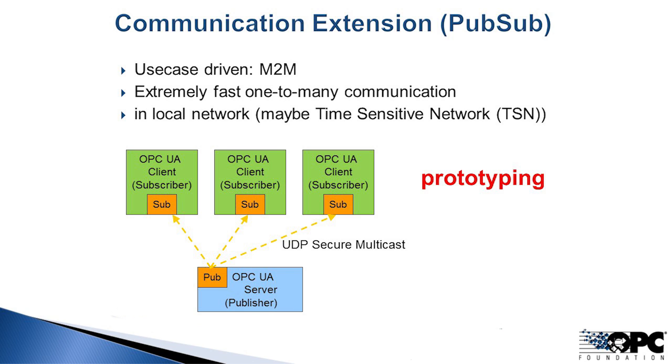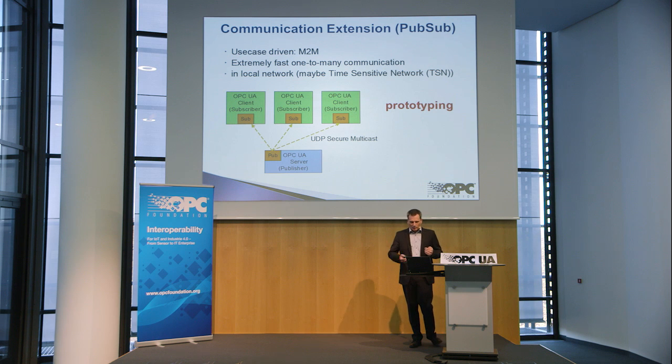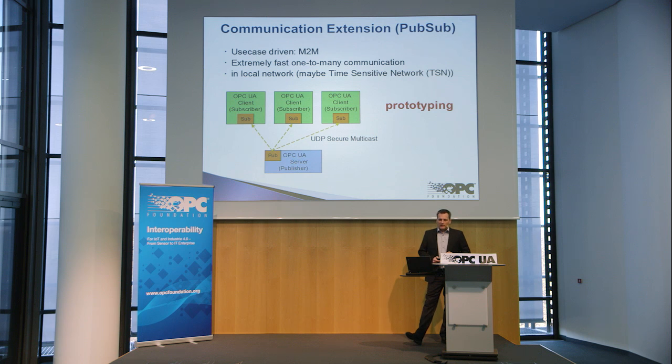And if we do that very, very fast, and if we then do it cyclically, and if we then do it always in the same cycle, deterministic, then we can even have real-time communication with this approach.